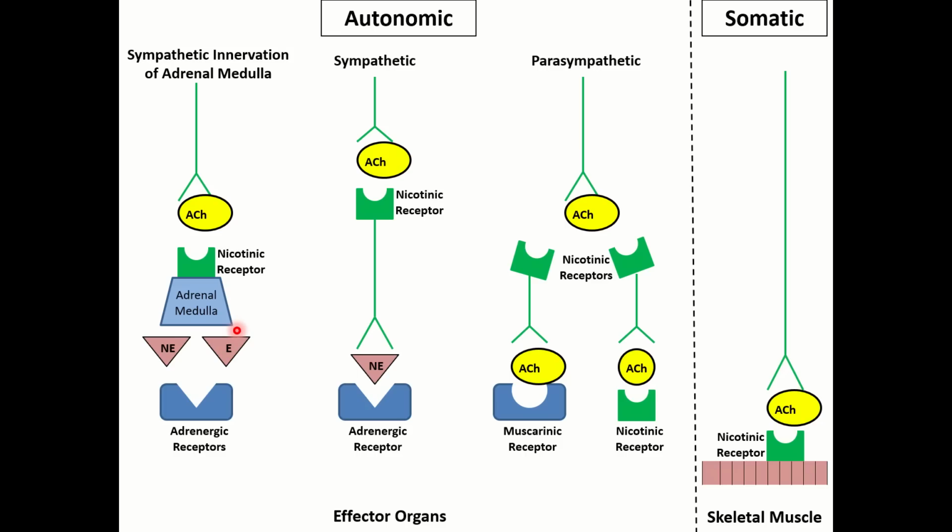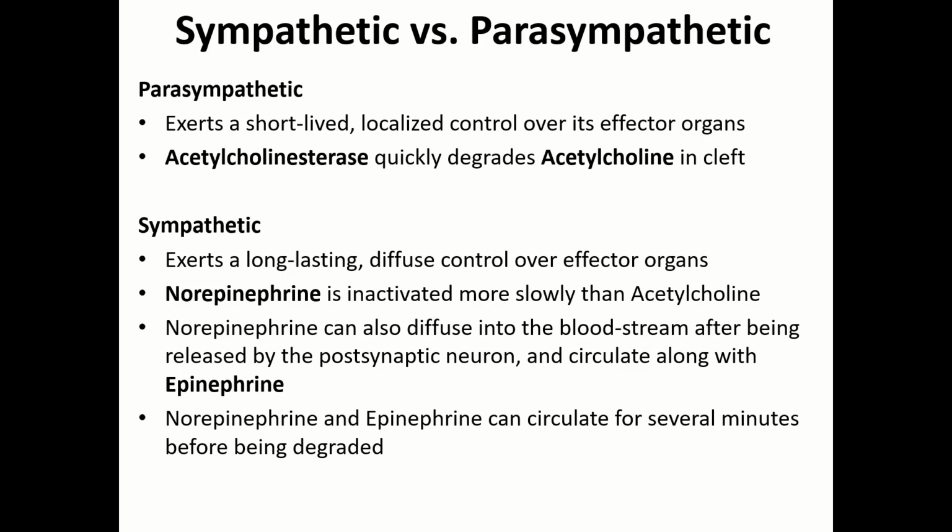The other big difference is that this norepinephrine and epinephrine are entering the bloodstream, which means even though my receptor is drawn really close, those neurotransmitters are going to float a long way potentially before they actually bind to the receptor and have an effect. So we'll continue to talk some more about the adrenal medulla in just a little bit.